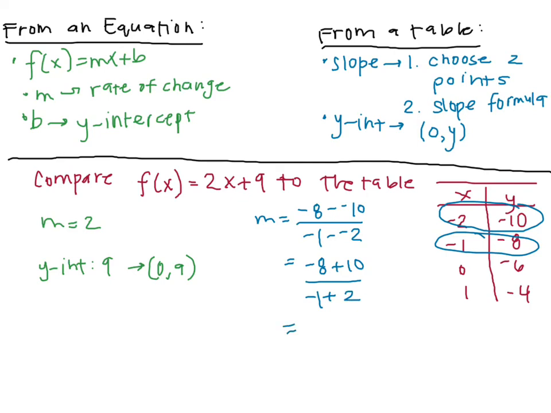So it gives me the slope of 2 over 1, which equals 2. So my slope in the table is 2. My y-intercept can be found by looking for the point that has an x value of 0, which is right here. So the y-intercept is at (0, -6).